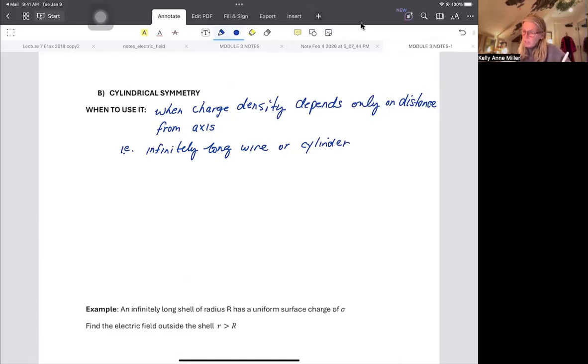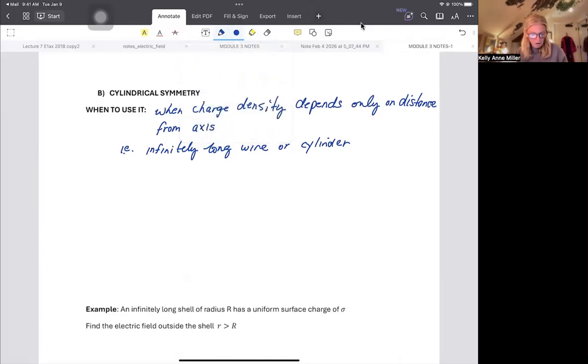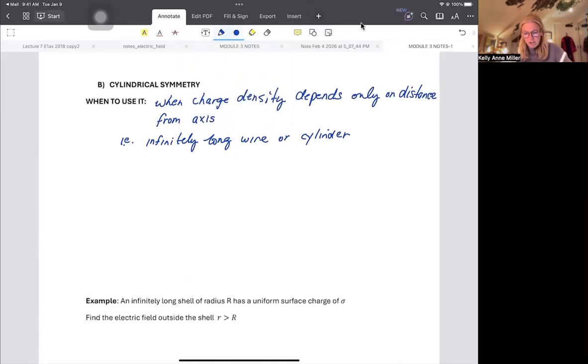Okay, let's look at a basic example so you see the pattern. I've just got two examples basically. Let's say you have an infinitely long wire, and it's got an even charge distribution all the way along it.